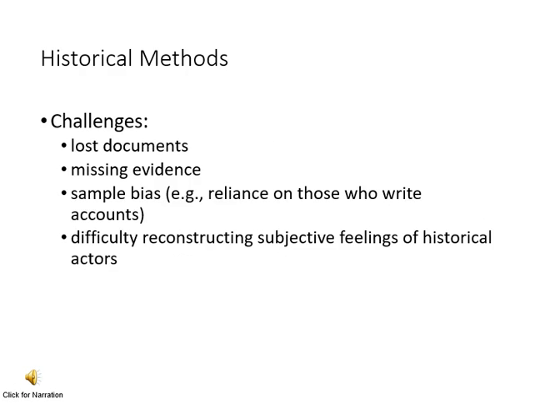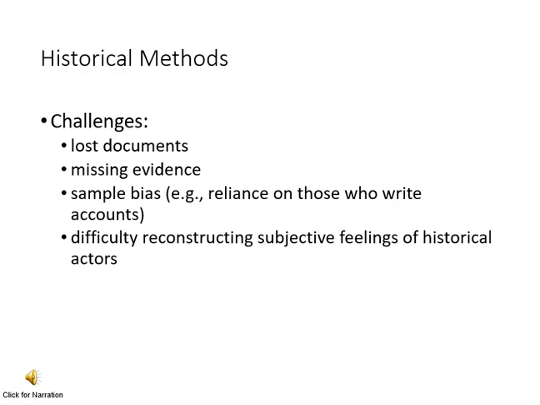The challenges with historical research methods have to do with lost documents, particularly if you're doing archival research. Let's say you're looking at old newspapers. Well, it's possible that maybe a couple issues are just missing, and that can put some holes in your timeline. So that actually creates a bit of sample bias, especially if there's any kind of systematic missing data.